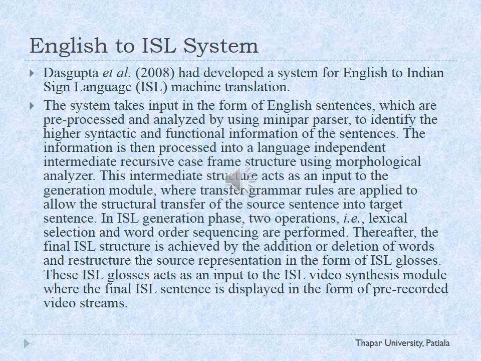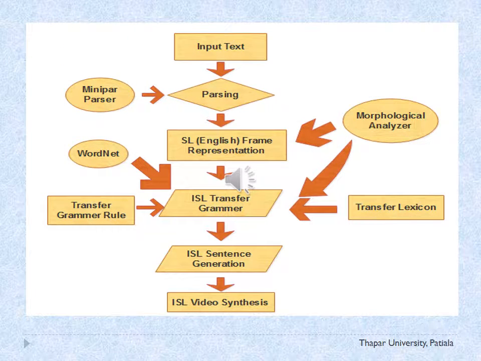English to ISL system was developed by Das Gupta in 2008. The system takes English sentences as input, which is then pre-processed and analyzed by a parser to identify higher syntactic and functional information of the sentence. After parsing, it is then passed to SL frame representation, which uses WordNet, and thereafter transfer grammar rules are applied on it.